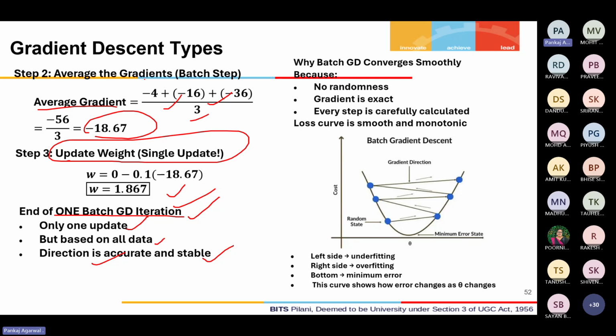Over here, since I'm taking the entire data set into consideration at once, it might help. No randomness, the gradient is exact, every step is carefully calculated. So it might give you a direction like this. On the left side you are underfitting, on the right side you are overfitting, and at the bottom you are actually getting a minimum error. So the curve shows how the error changes as theta changes.